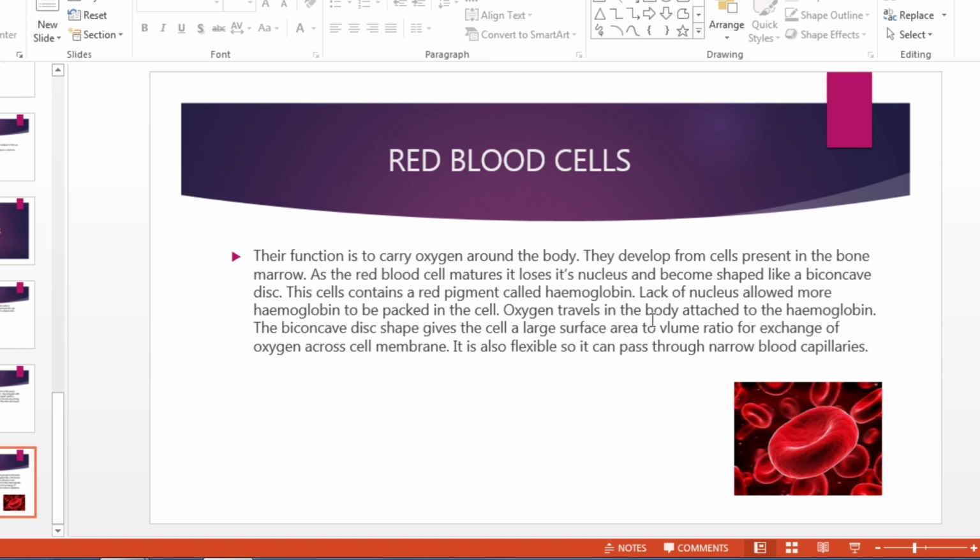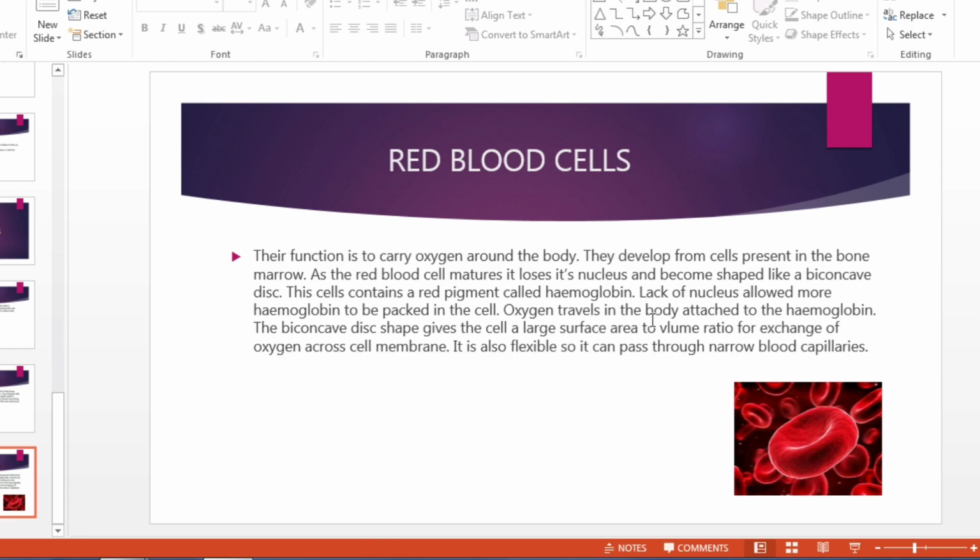Hemoglobin is a red pigment that is present inside the red blood cells. It is not exactly a red color, but it's a pigment present inside the red blood cells. Hemoglobin combines readily with oxygen to form oxyhemoglobin. So when red blood cells travel through the lungs, the oxygen attaches to the hemoglobin and travels inside the red blood cells to the parts of the body.